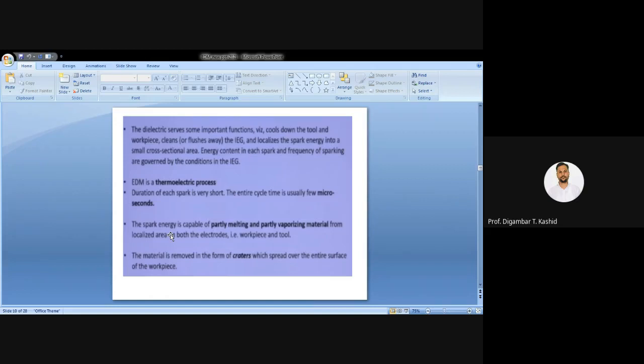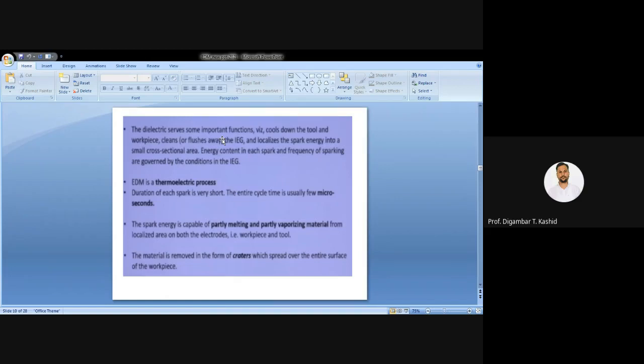So that dielectric fluid has some functions. I have written some functions here, because this dielectric fluid serves some important functions.